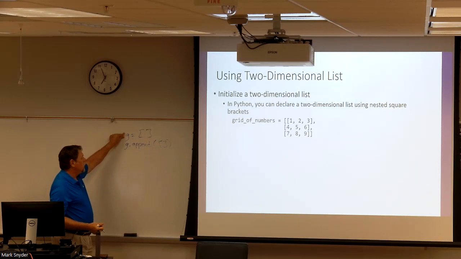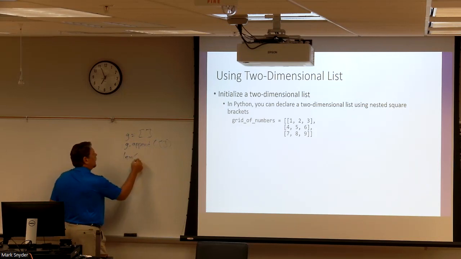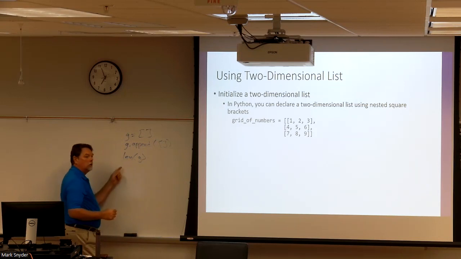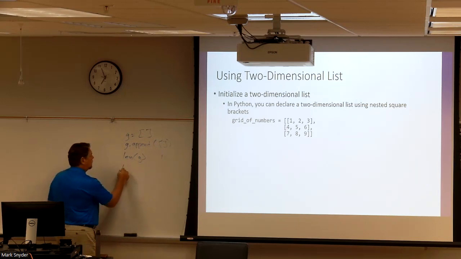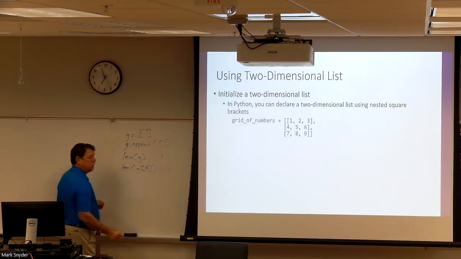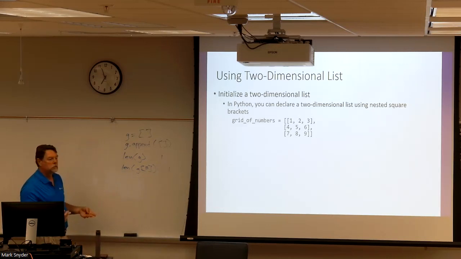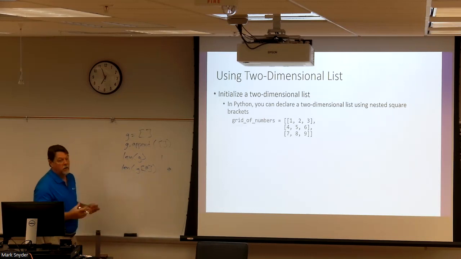So G now has length 1, right? Length of G is going to return 1. But then length of G sub 0 also is 1. Well, actually, no, it's 0 at this point, right? Because it's an empty list.